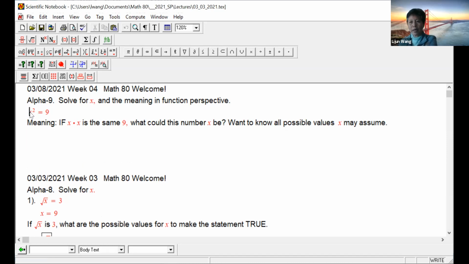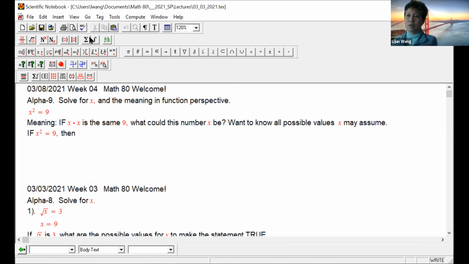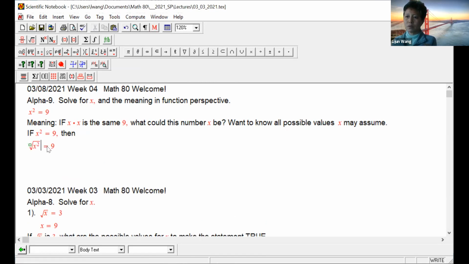Okay, then we say, if this is true, then what? Then the next will be true, which is we're going to take the square root on both sides.